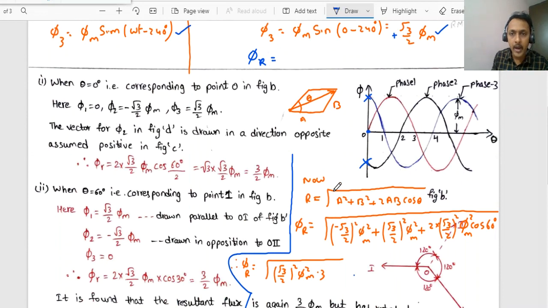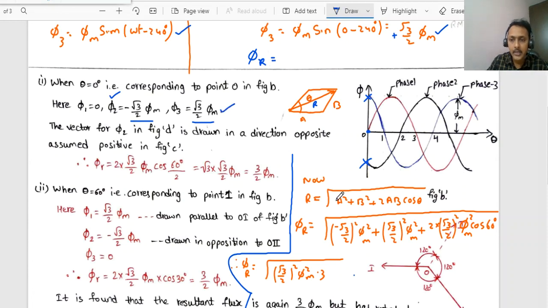For example, if you have two vectors A and B, its resultant value R is given, using the parallelogram law, by R equals root over A square plus B square plus 2AB cos theta. Now we already have phi 2 value as minus root 3 by 2 phi m and phi 3 as root 3 by 2 phi m.